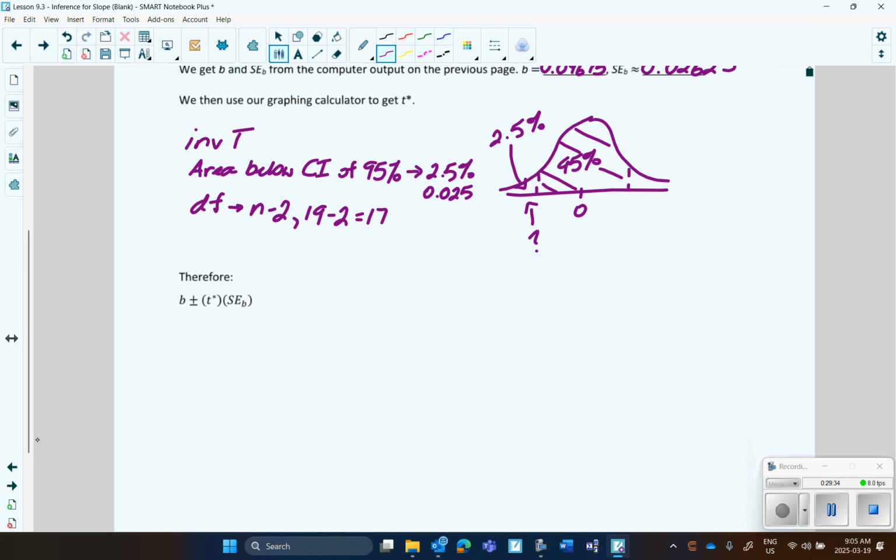So on your graphing calculator, second bars, because we're doing an inverse t.